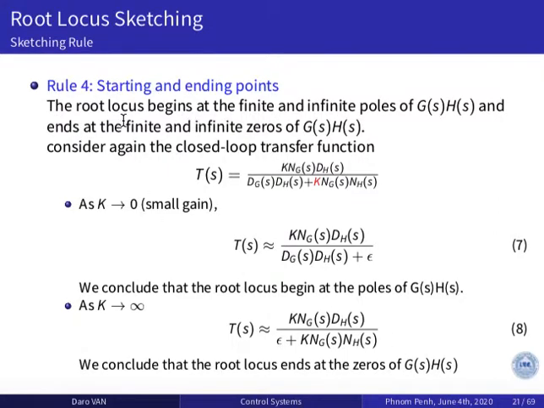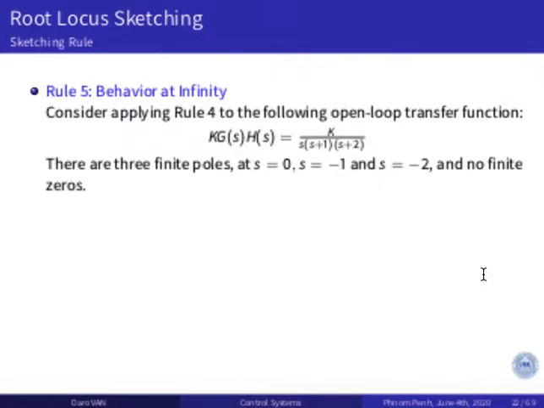So again, the root locus begins at the finite and infinite poles of this and ends at the finite and infinite zeros. Ending means when k approaches infinity.